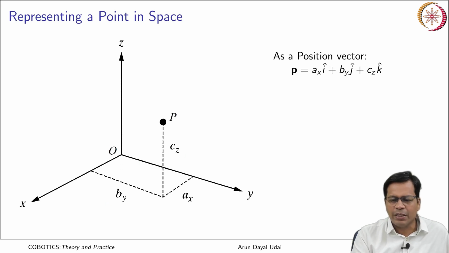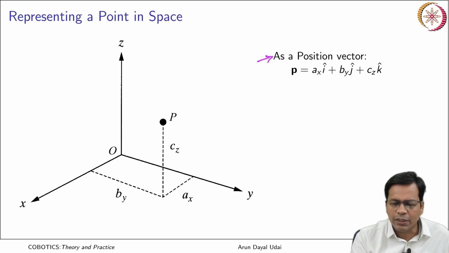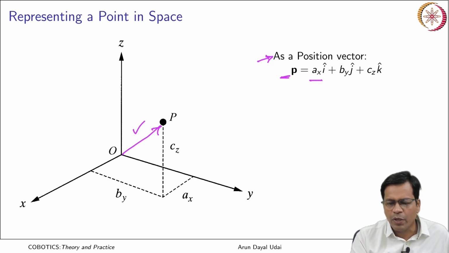So these can be written as a position vector. Any point P, this is the position vector. So this is your P that comes here. It may be written as ax i, by j and cz k.